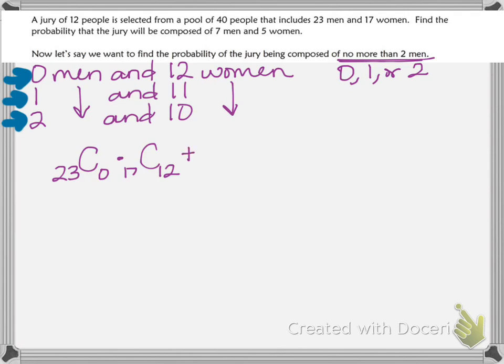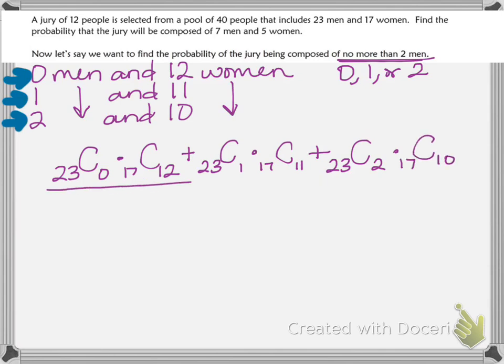Or out of the 23 men, we're choosing 1 of them, and out of the 17 women, we're now only choosing 11 because we still need that total of 12. Or out of the 23 men, we're choosing 2 of them, and out of the 17 women, we're now choosing 10. And those are the outcomes that we want out of the total number of outcomes, which would just be the 40 total people, and we're choosing 12 of them.